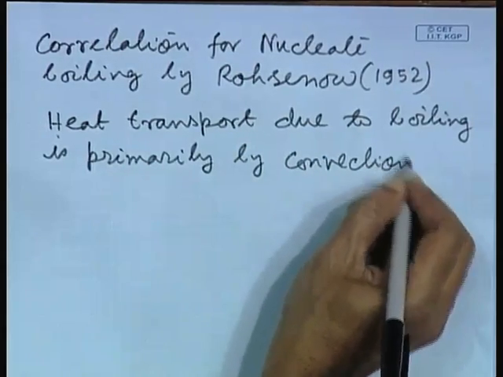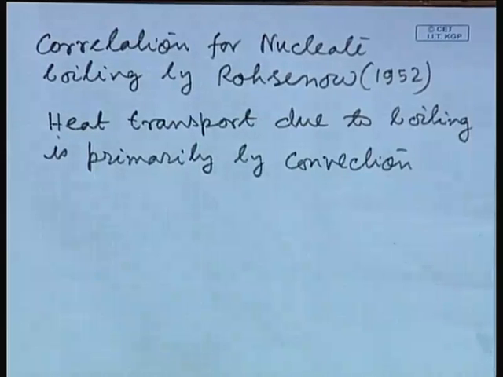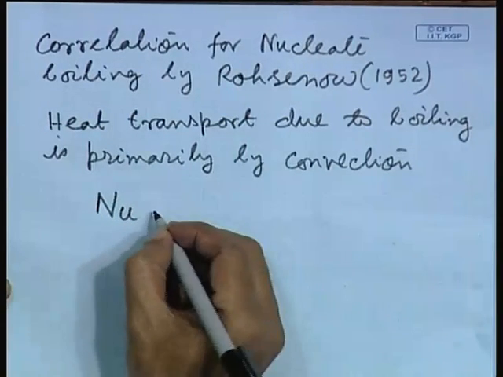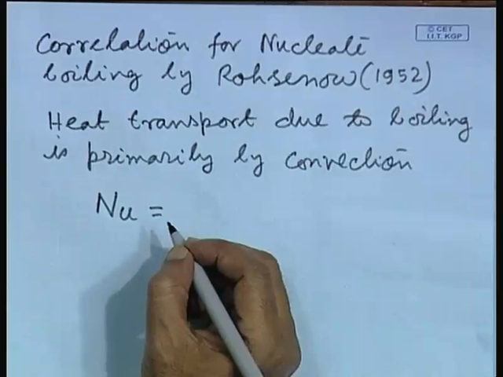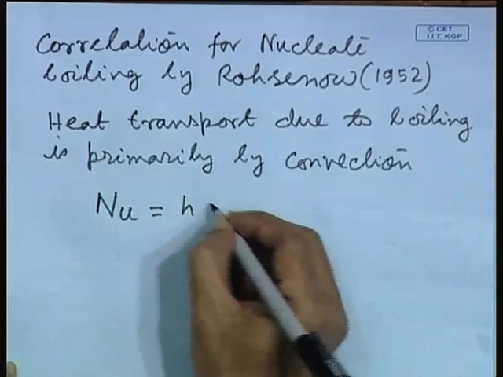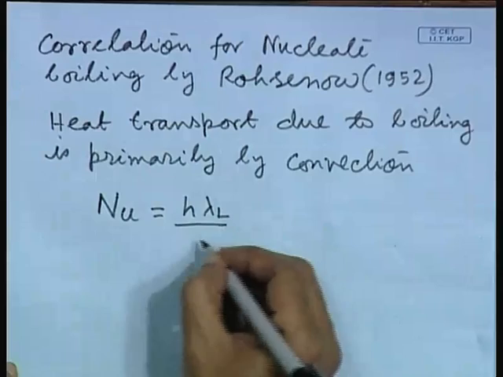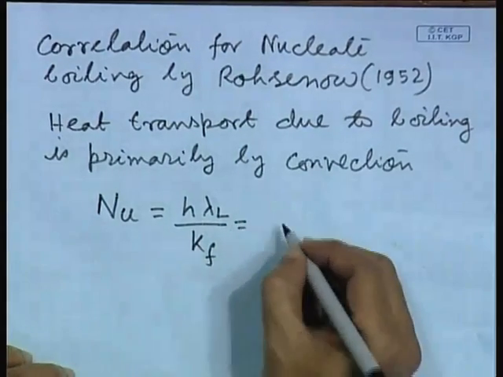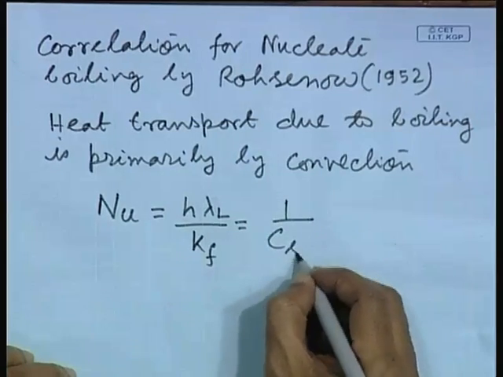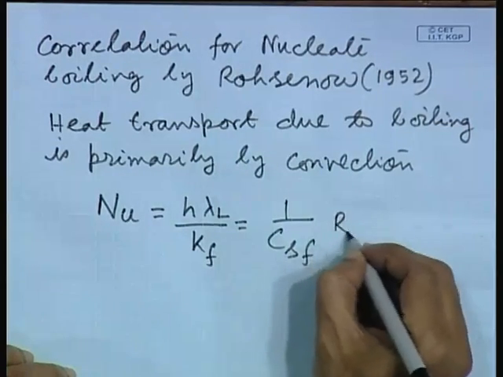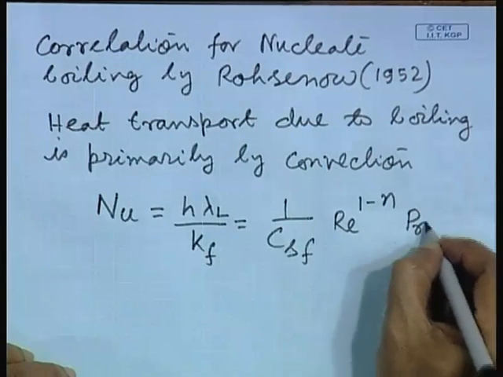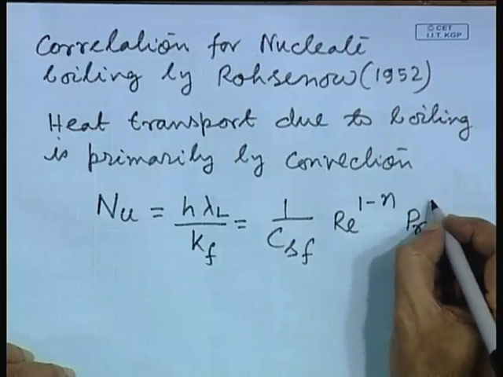So, if this is by convection, then the laws of convection should be applicable to boiling heat transfer also, and then one can define the Nusselt number, that is equal to h l by k_l or k_f, and that is equal to 1 by C_sf Re to the power 1 minus n and Pr_f to the power m.